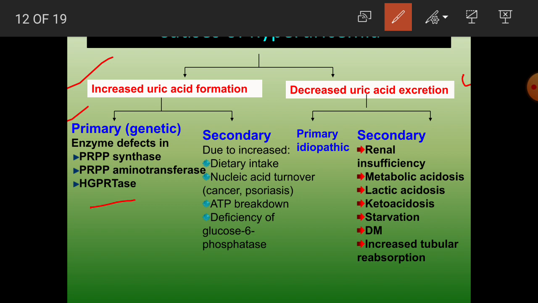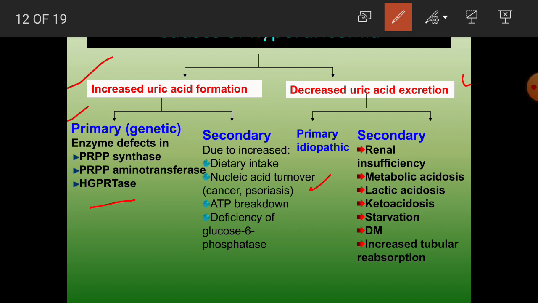Then secondary, due to increased dietary intake of non-veg meals, excessive uric acid supply through diet, or nucleic acid turnover.